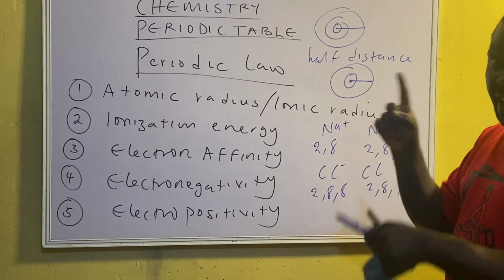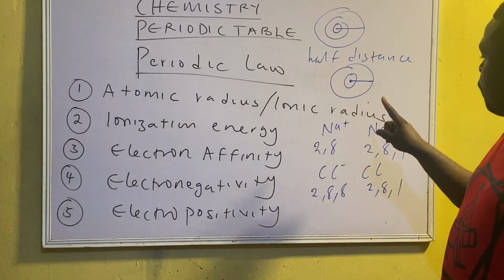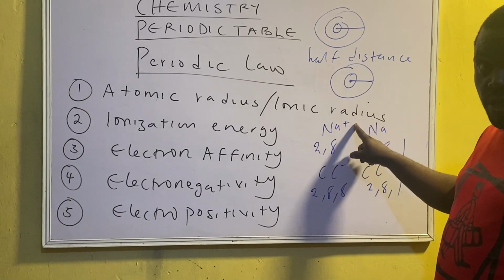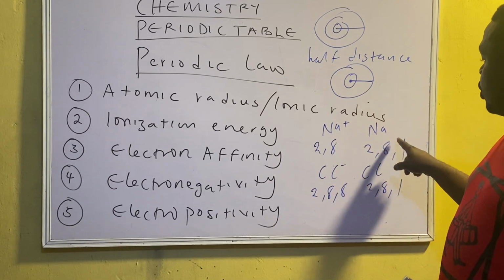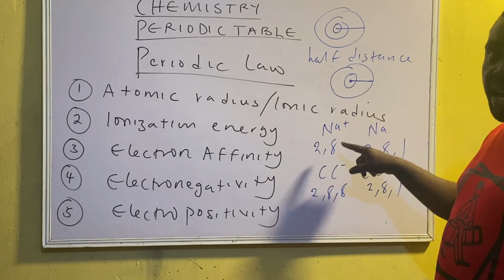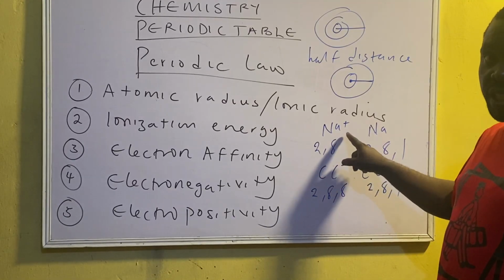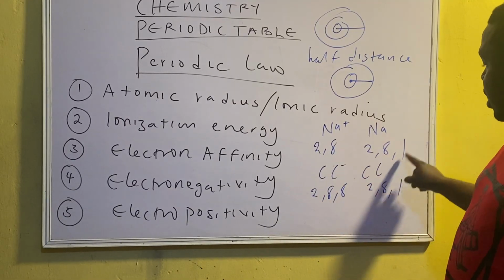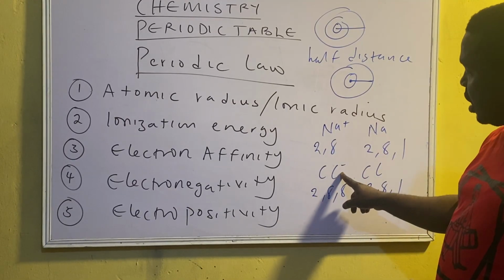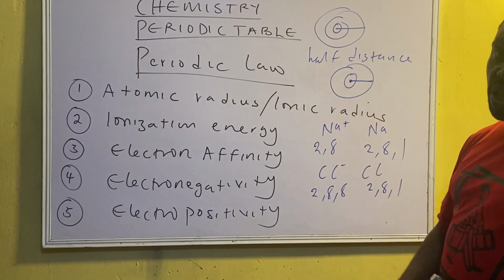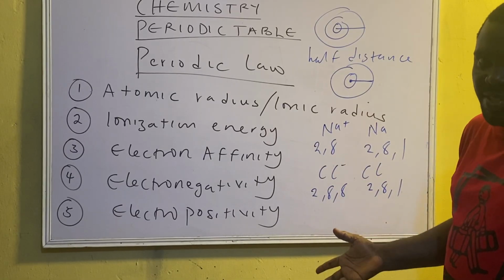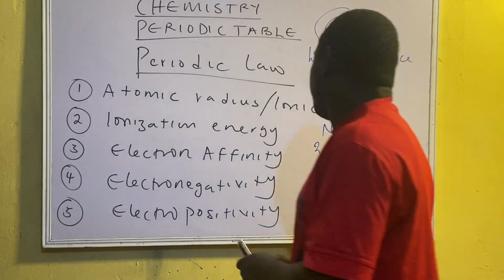Can you see that? Let me repeat again. For cation, that is the positively charged, the atom has a larger size than its corresponding ion, while the reverse is the case here, because this one is gaining electron while this is losing electron. I think that's pretty simple, right? Very simple and straightforward.